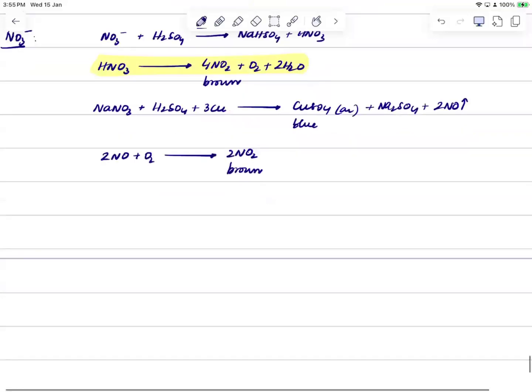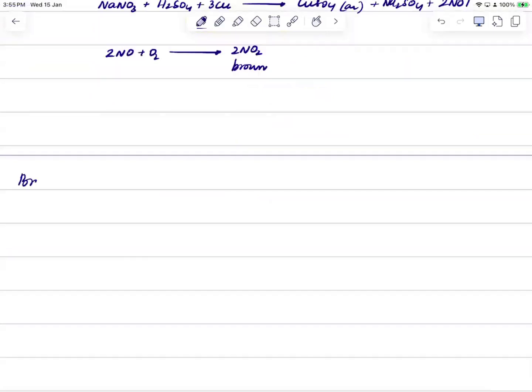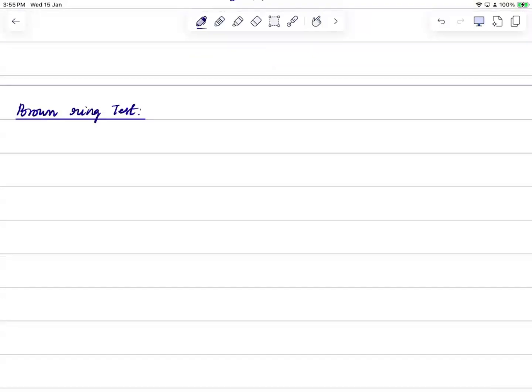See, when it comes to the brown ring test, check out the brown ring test. For the brown ring test here, first we got HNO3, isn't it? We treat 2 moles of this HNO3 with 6 moles of FeSO4. That means we slightly add FeSO4 drop by drop from the side walls. Then we already have H2SO4 in it.